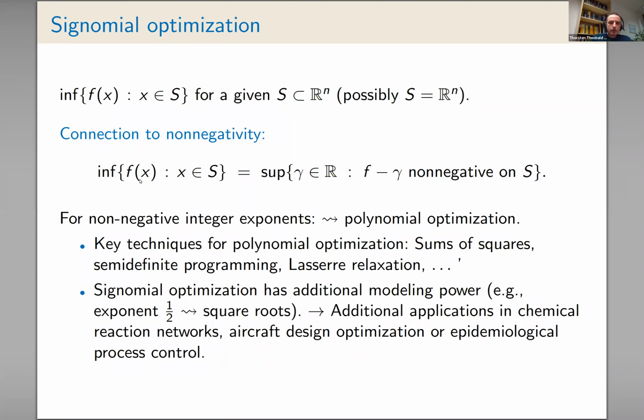Namely, when you want to minimize a certain function f over a set S, we can look for the largest lower bound. That is, we look for the maximal gamma so that f minus gamma is non-negative on S, and therefore we have reduced the optimization problem to a non-negativity problem.